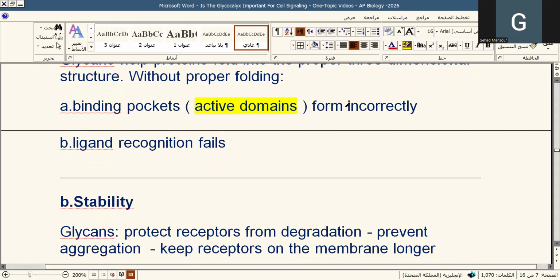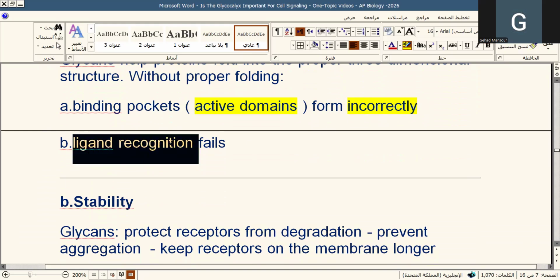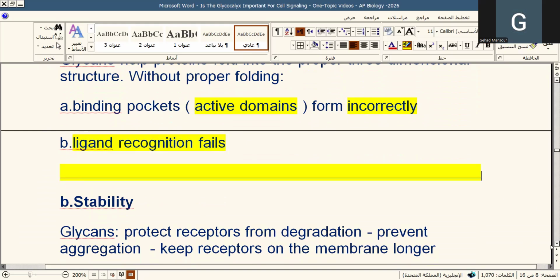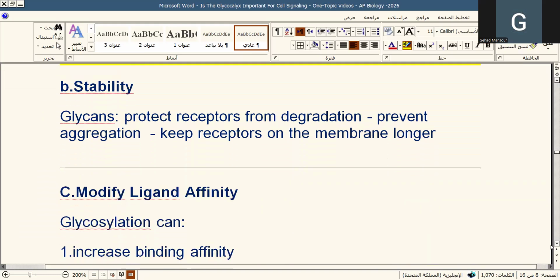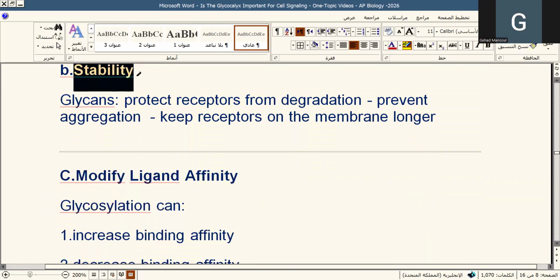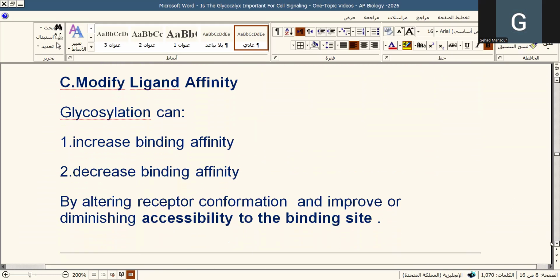If they do not form correctly, then the ligand recognition would fail. But they also stabilize the receptor conformation, and therefore prevent its degradation and keep the receptors functioning.